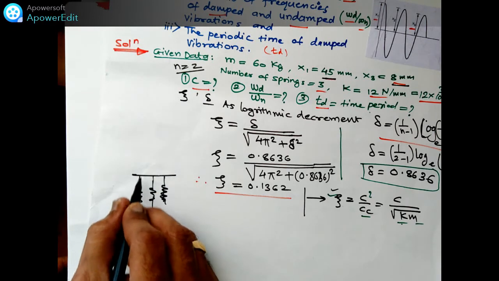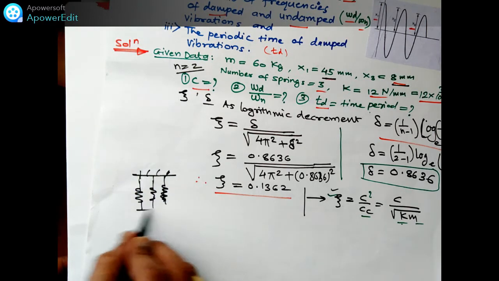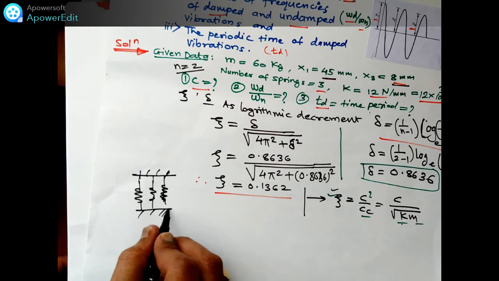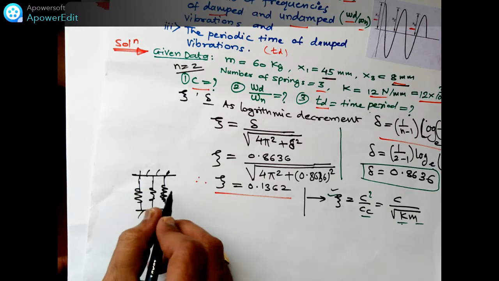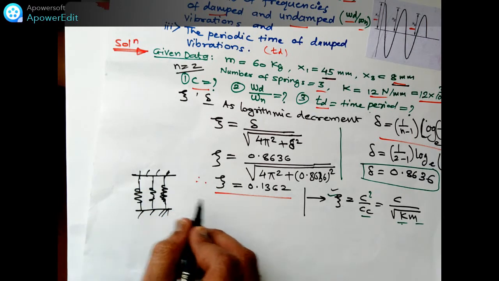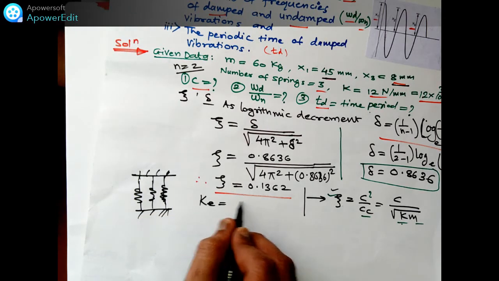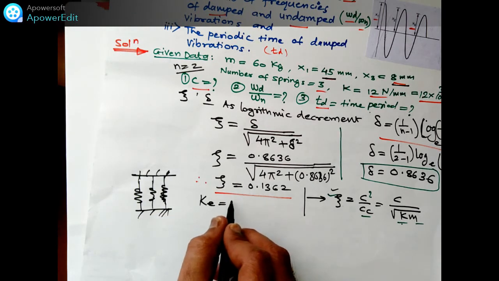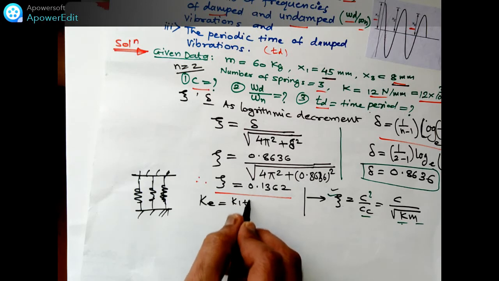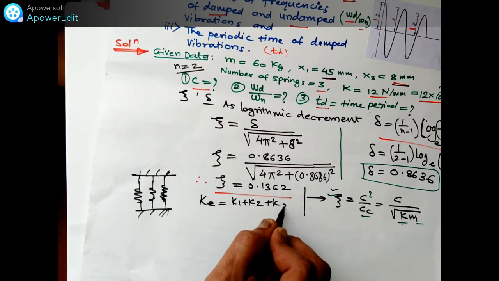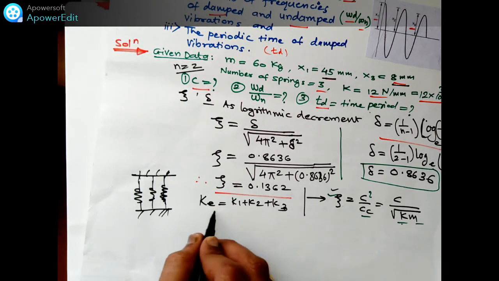The springs are in parallel arrangement. So what will happen in this parallel arrangement? The machine is mounted on the springs. All the values of k are same. So k equivalent we can find out by addition. In parallel we can do the addition. So k1 plus k2 plus k3. The value of each spring is given 12.